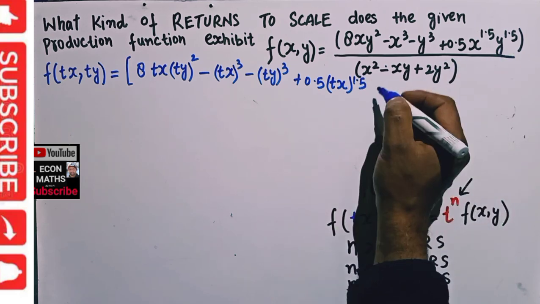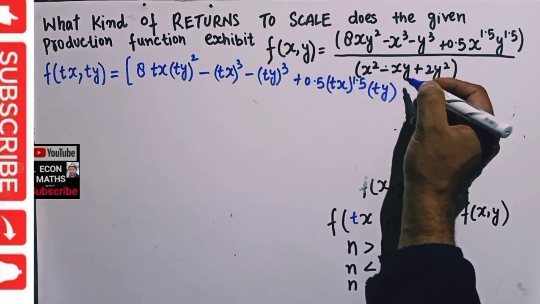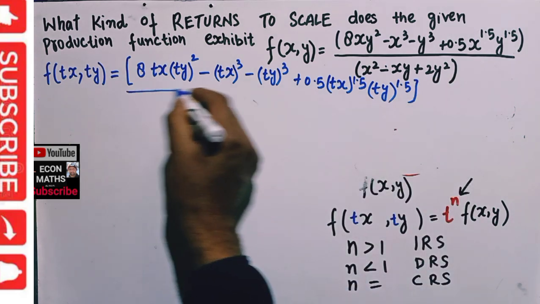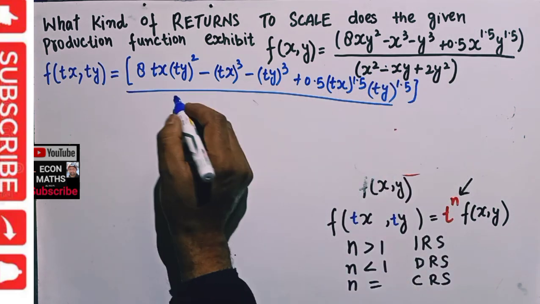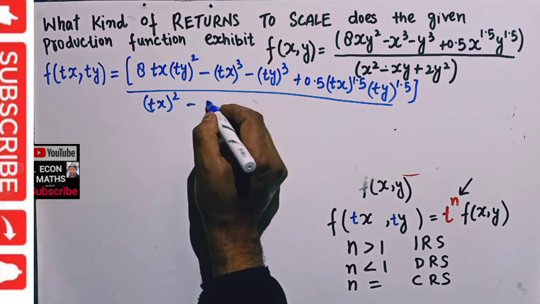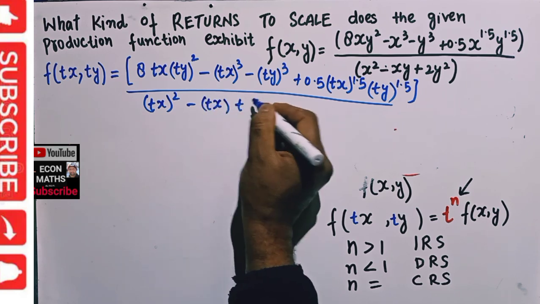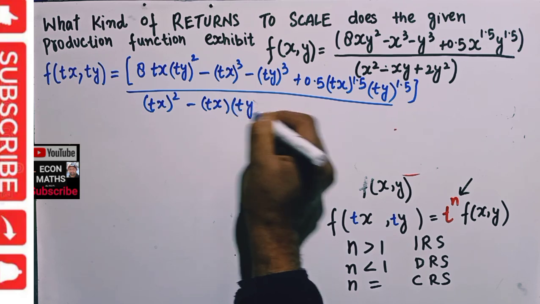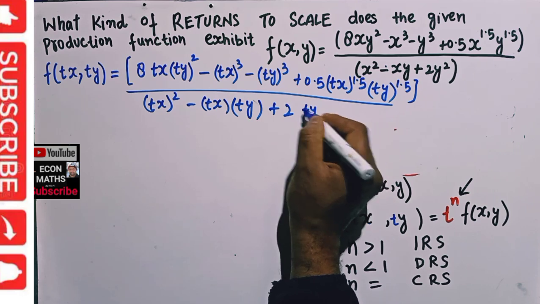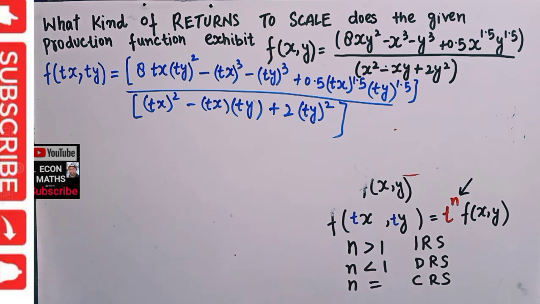Then in place of y again we have ty, so each input is multiplied by a factor t, so we have 1.5 as exponent here, whole divided by, in place of x squared we have tx squared, minus in place of xy, x is multiplied by t so we have tx, y is also multiplied by factor t so we have ty, plus twice, in place of y squared we will have ty squared. Let us solve with this now.